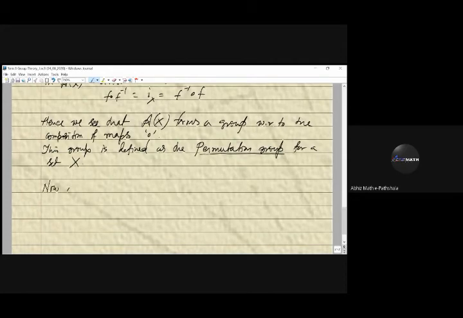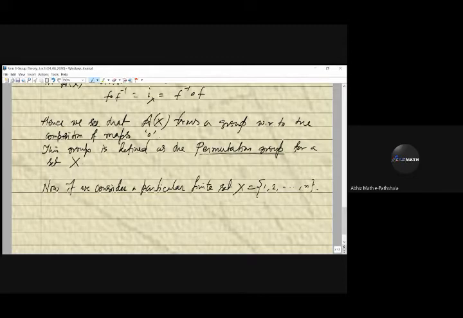Now, if we consider a particular finite set X consisting of the numbers 1 to n, or you can also consider any n many objects, suppose a1, a2, ..., an or b1, b2, ..., bn or x1, x2, ..., xn.